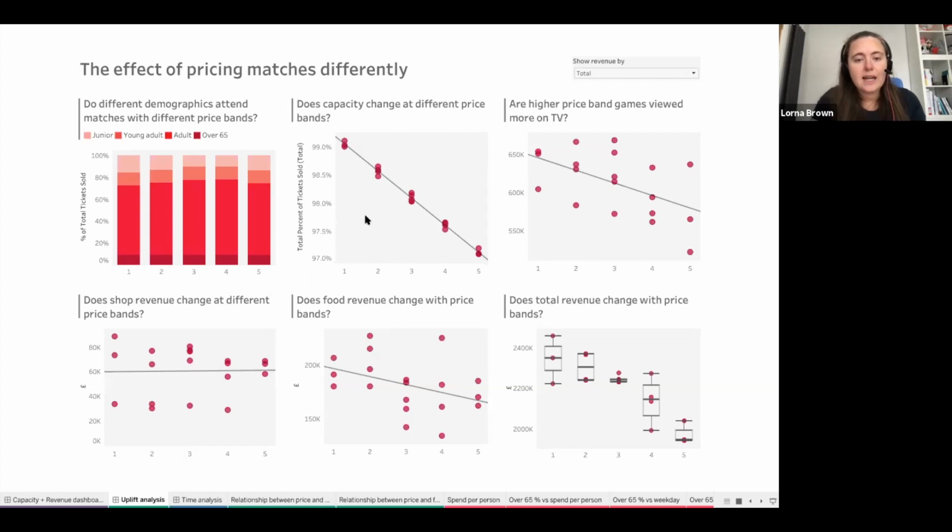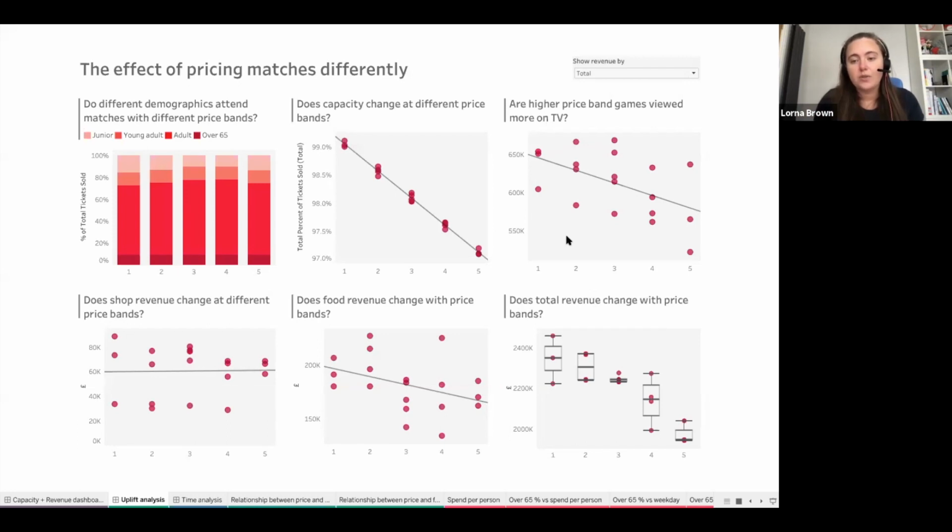So you can see that the higher the band, the total percentage of tickets sold is more. So the lower the band, the more tickets you have to sell. So could we therefore push a promotion at that particular match to try and get the capacity up more than what it currently is?